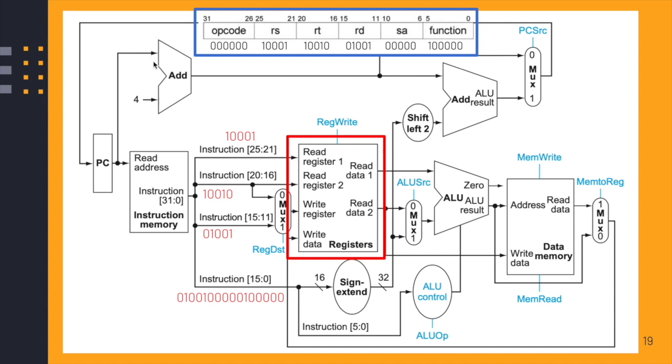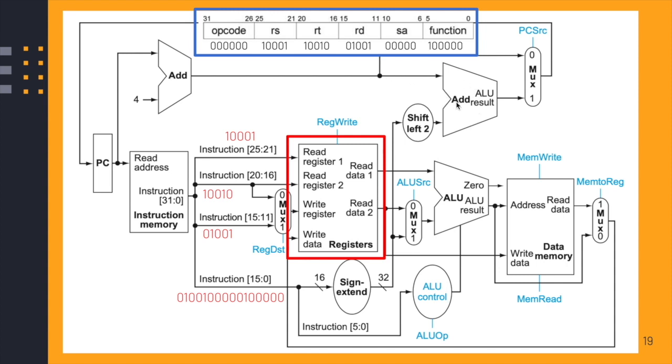So yes, this adder is done simultaneously with the fetching of the instruction. So at the same time I'm fetching an instruction from the instruction memory, I am updating the program counter, PC +4. Okay, and as you can see, the PC +4 will enter to where?